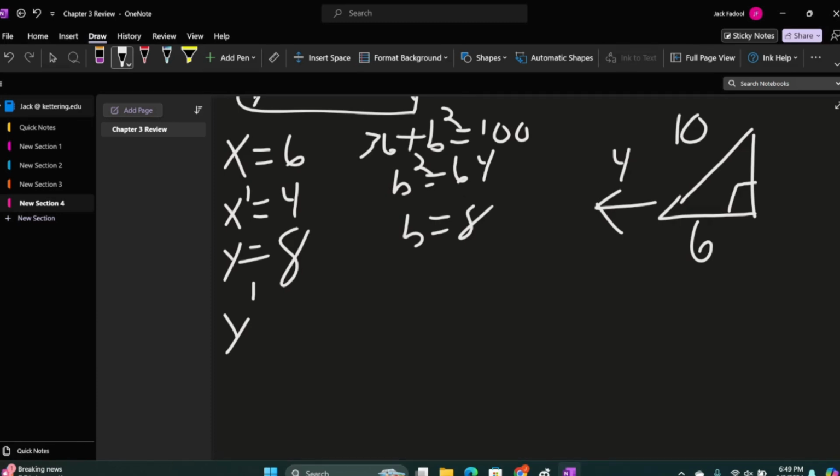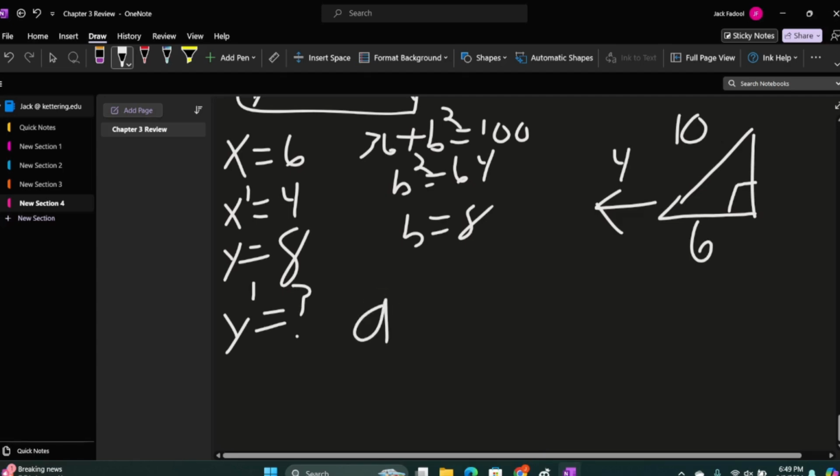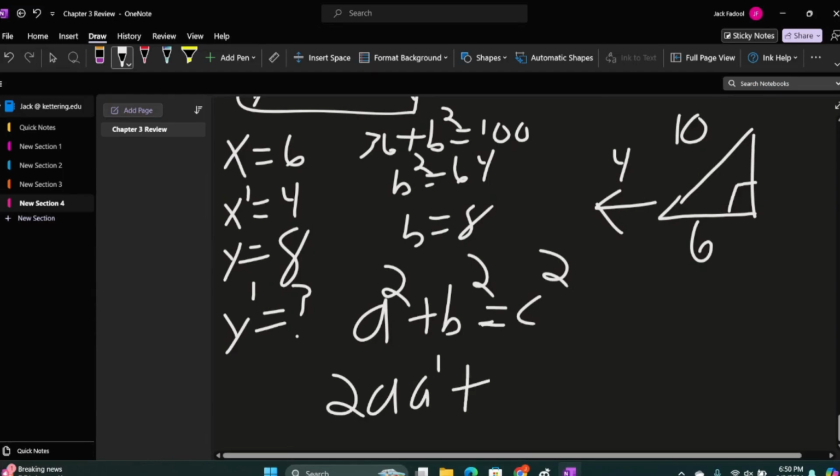So to do that, we'll just take the derivative of the Pythagorean theorem. So 2a a prime plus 2b b prime equals 0.